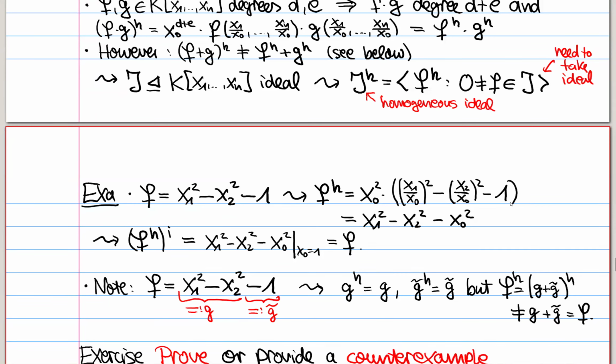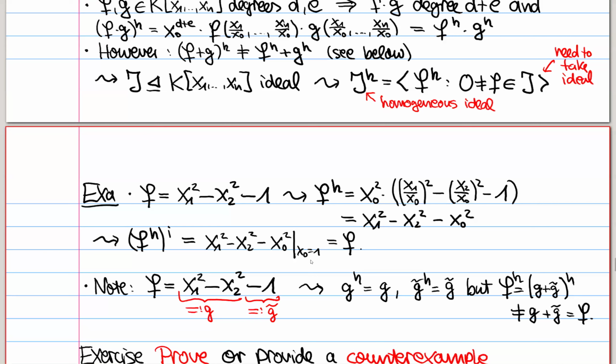But the last term, which was of degree 0, gets bumped up to be degree 2. And if you follow the other recipe, you just go through each of the terms and multiply by a power of x0, which brings it to degree d. And then we see if we first take f^h and then the dehomogenization, then you take this and set x0 to be 1 again.